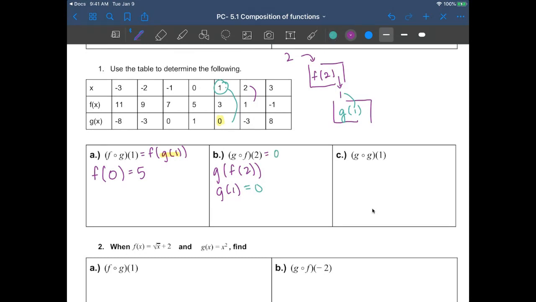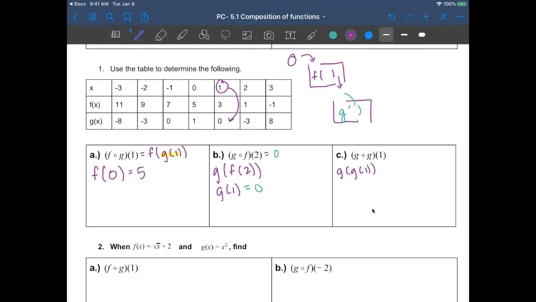Lastly, g of g of 1. Again, let's go to 1 on our table. The output for 1 is 0. So I plug in my 0 here.